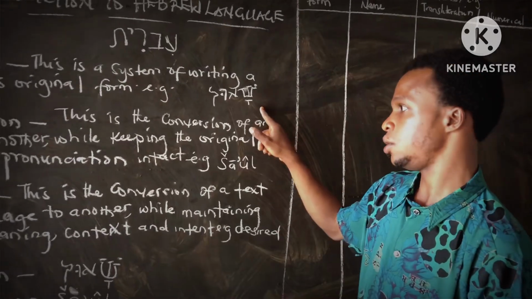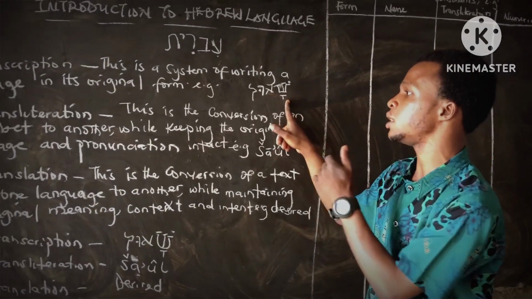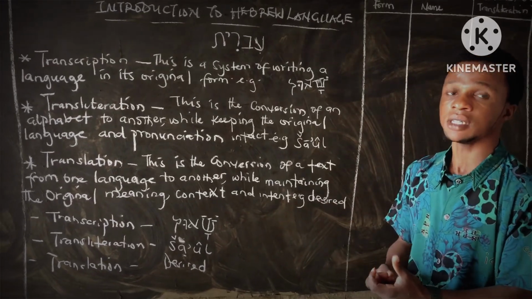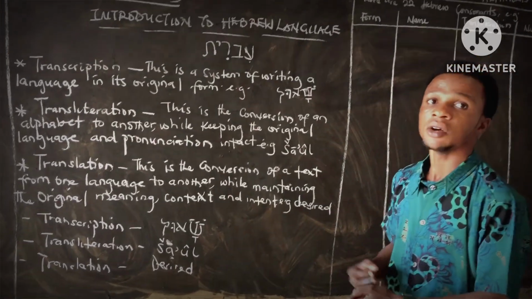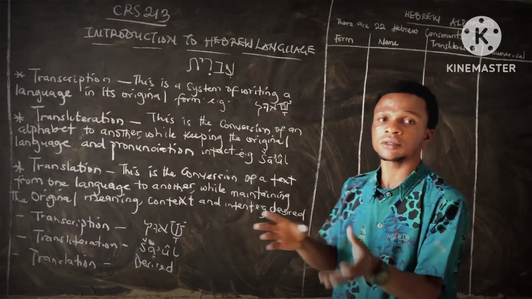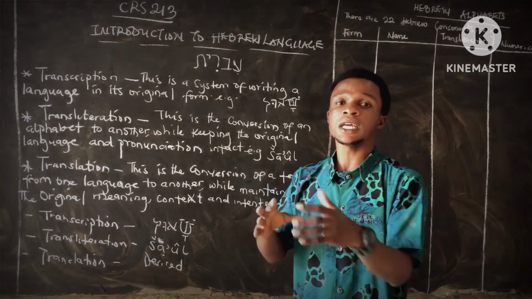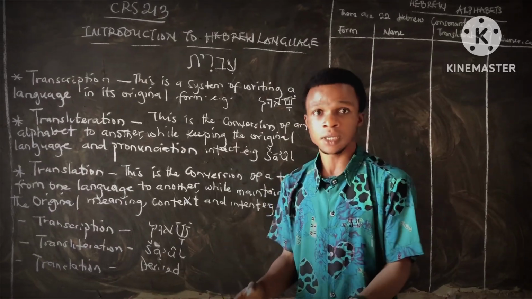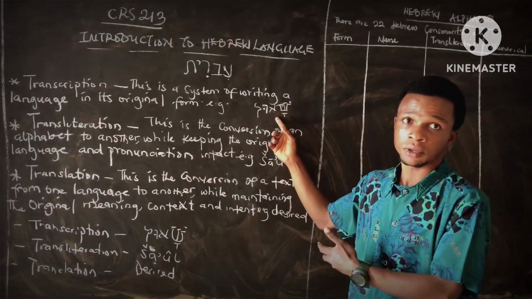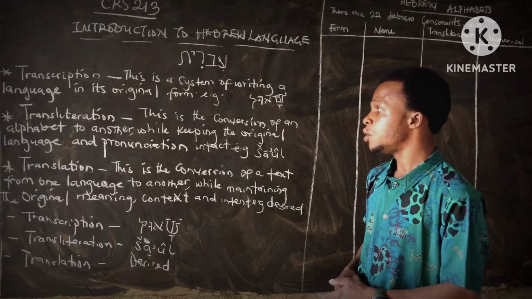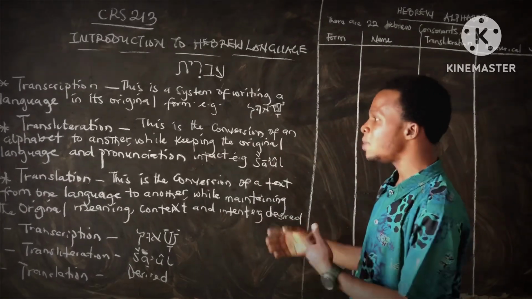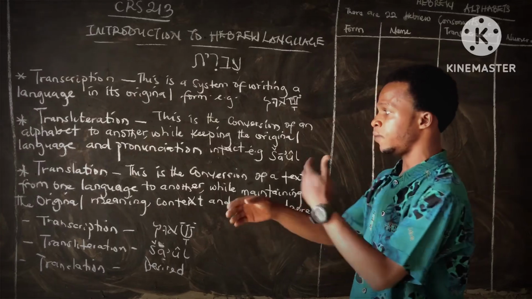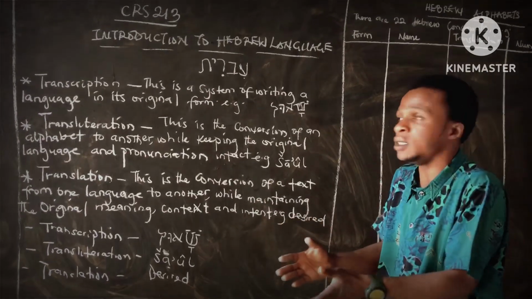When you transliterate, you convert this Hebrew original alphabet to another language's alphabet. It is like using the English alphabet equivalent to represent all these symbols. When you are doing transliteration, you still maintain the language and the pronunciation. It does not affect the language or the pronunciation, so it still remains intact.